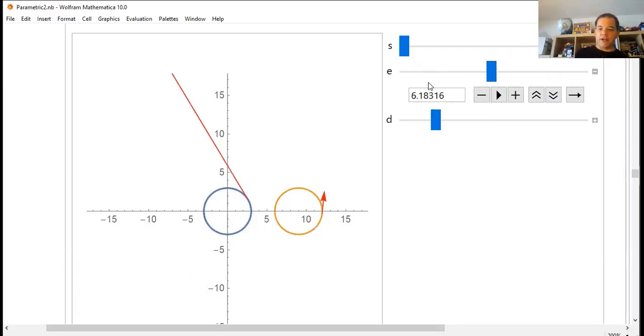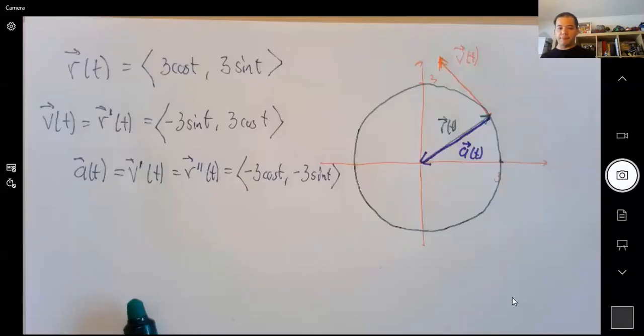Okay. All right. So let's calculate the speed for these two that we saw, so you can see what's going on here. So let me go back to the page, and we didn't do the speed here. So let's figure out the speed. So what is the speed?